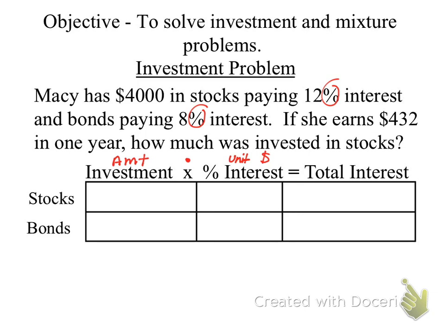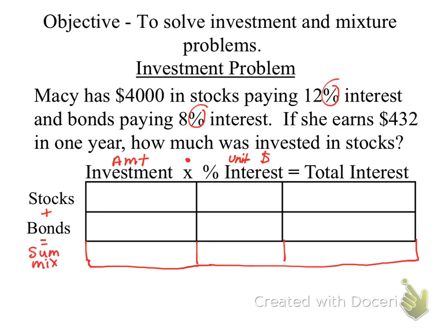You are likely to need another row. You don't really need the middle one on this one, but on others I just always have them. Okay, so where does 4,000 go? This is the sum, or we call it the mix.